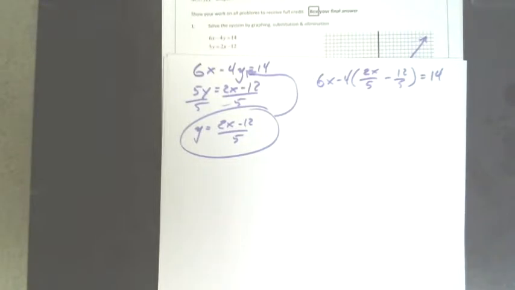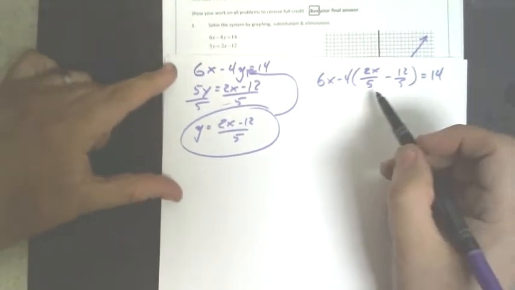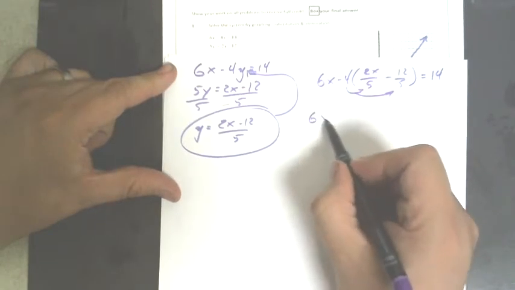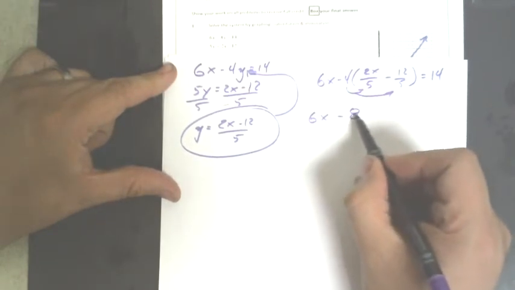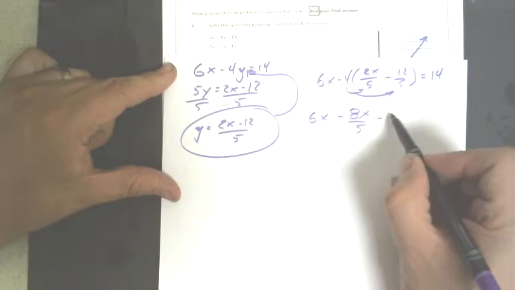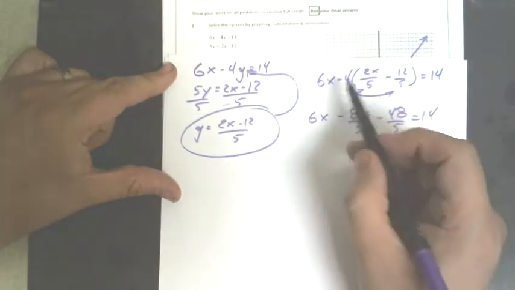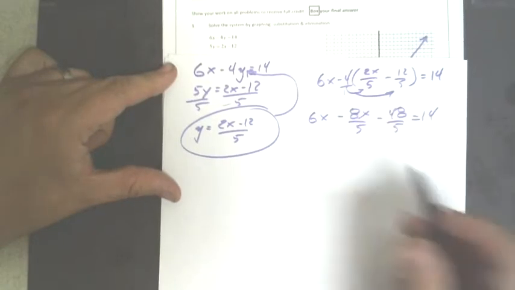So once we solve this, all we have now is x's. We can solve this. Once we have this, we'll know x. We can go back and find out y. So, distribute that 4 real quick. 6x minus 8x over 5 minus 48 over 5 equals 14. Remember, we're multiplying by 4 over 1.